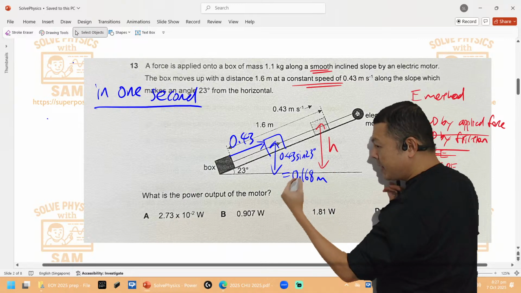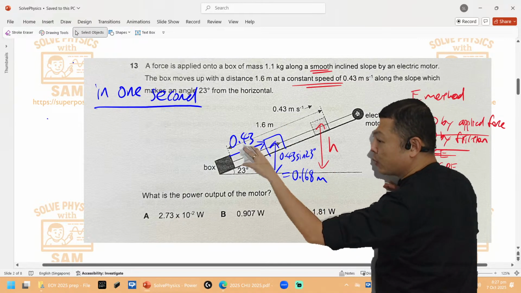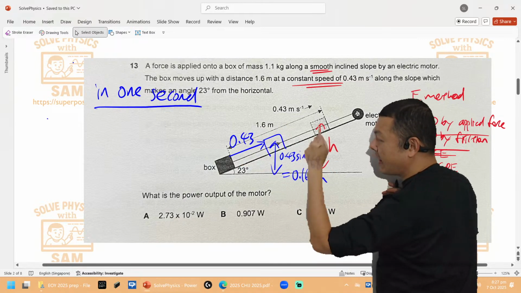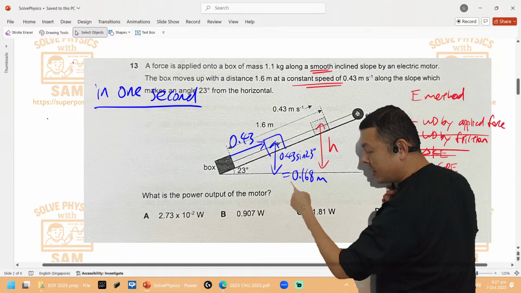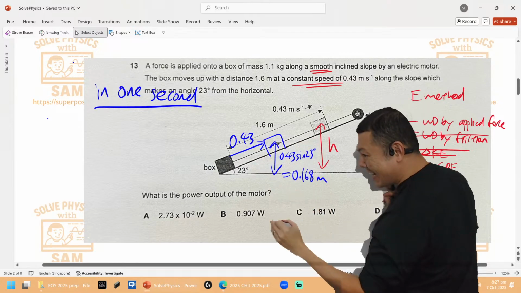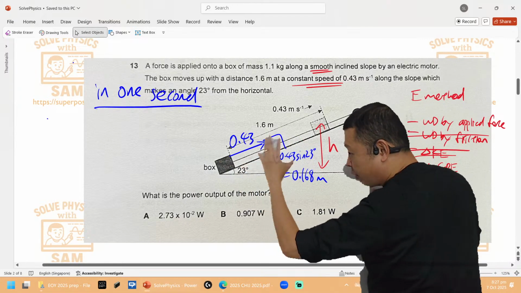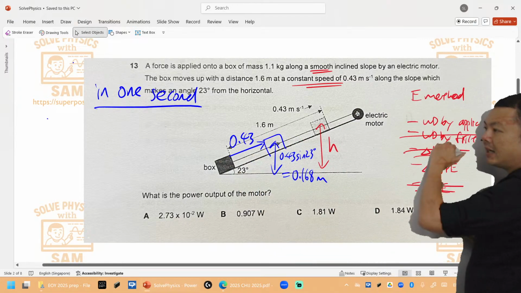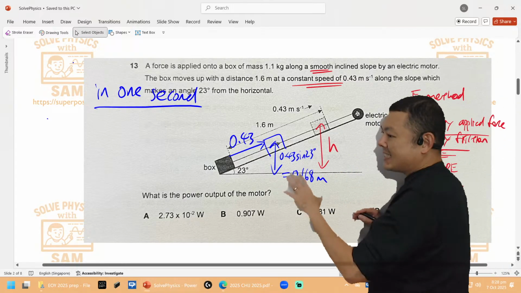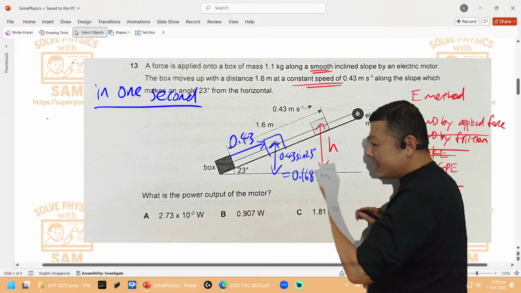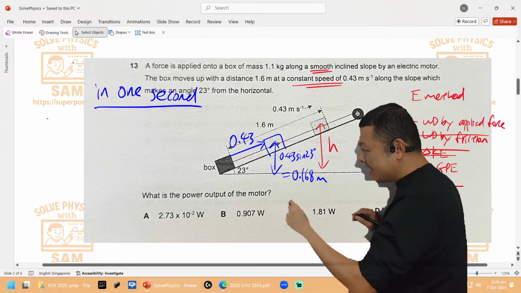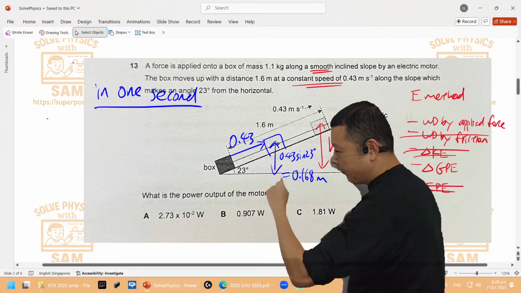What this means is that the box will gain a GPE of mgh every second. And the GPE is coming straight out from the work done by the motor, which means that's the answer already. Because the GPE gained every second is the power output of the motor.